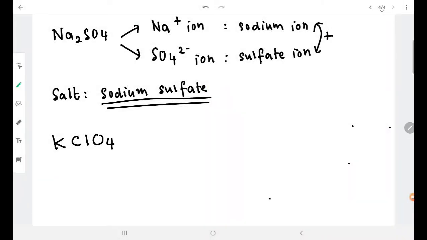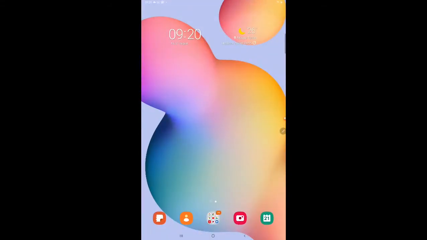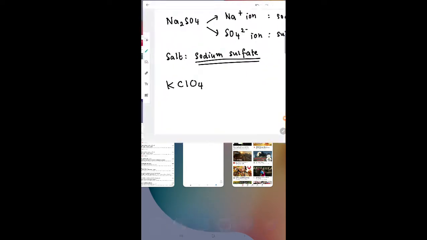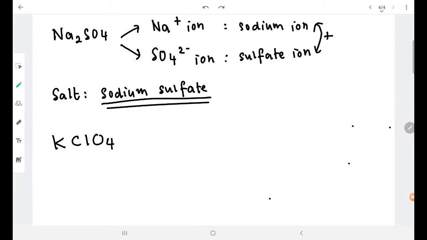KClO4. So what is the name of this salt? Okay, so first we need to divide it into cation and anion. So the cation is K plus and ClO4 minus ion.